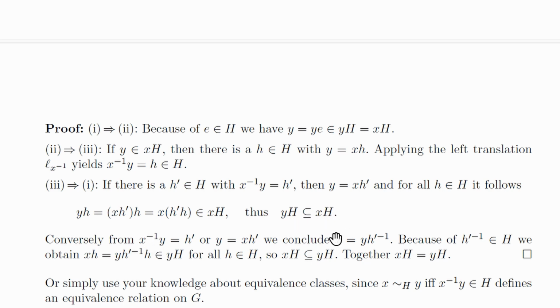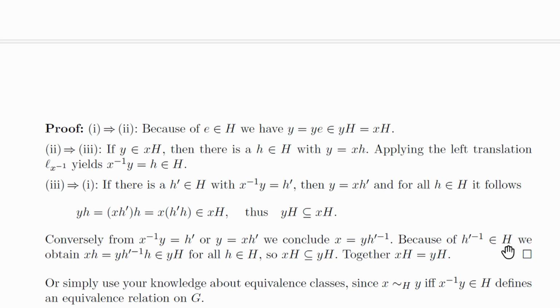And of course, the other direction is almost the same. You have to be a bit careful about the inverse here. So we assume that this here is true, or equivalently y is x times h prime, we can conclude that x is y h prime inverse, simply by multiplying from the right with the inverse of h prime.